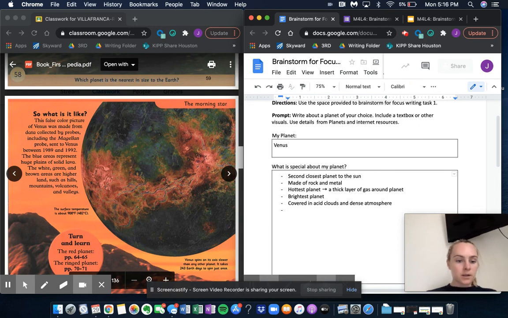They have hills, mountains, volcanoes, and valleys. Ooh, look at this little interesting fact. The surface temperature is about 900 degrees Fahrenheit. That's so hot. Surface temp is about 900 degrees Fahrenheit.